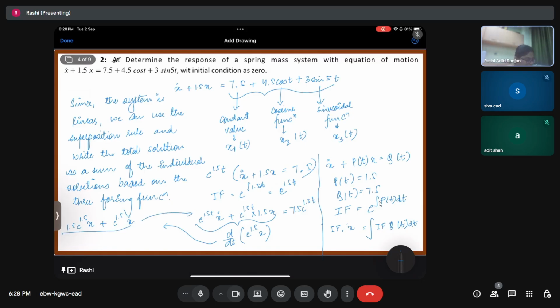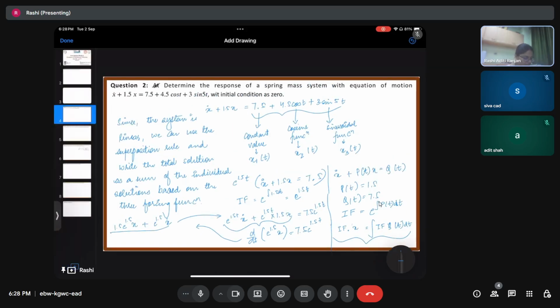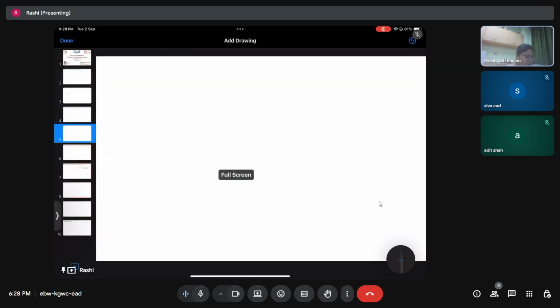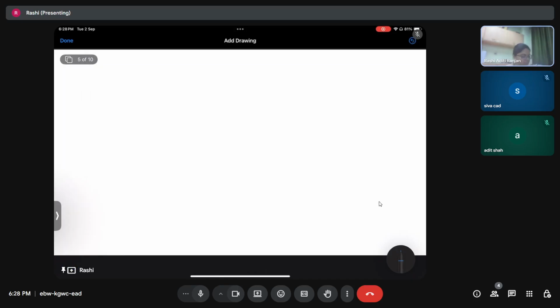If you take the integration on both sides, you get e to the power 1.5 t into x equal to the integral of 7.5 e to the power 1.5 t dt.